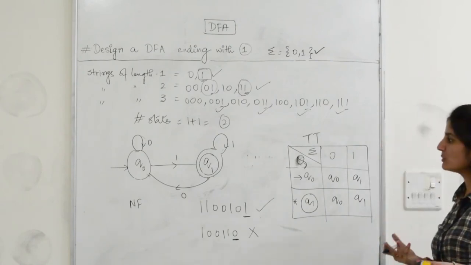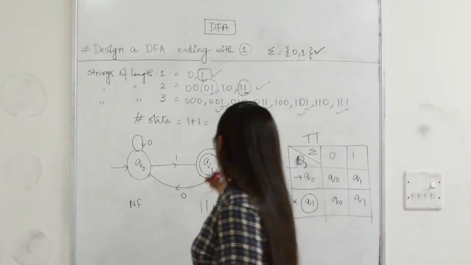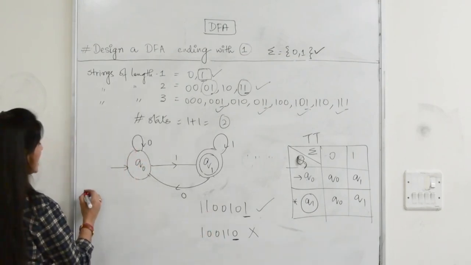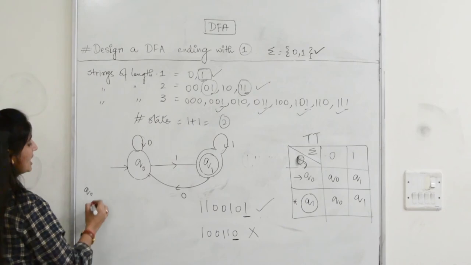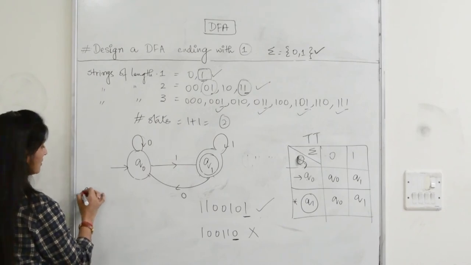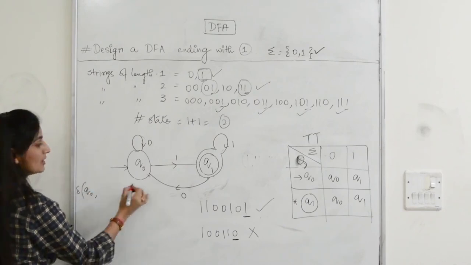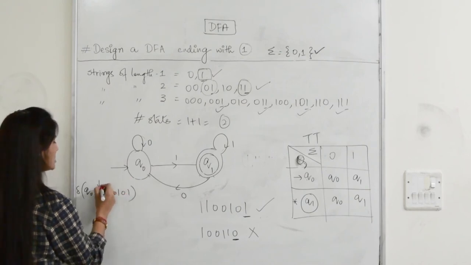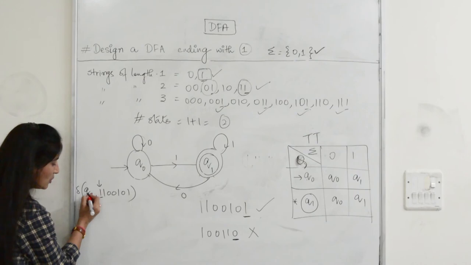Similarly, if I have to show the processing of a string, if I take this particular example, I'll start from the initial state Q0 and input the string 11001001. Now this first bit will be input on Q0.